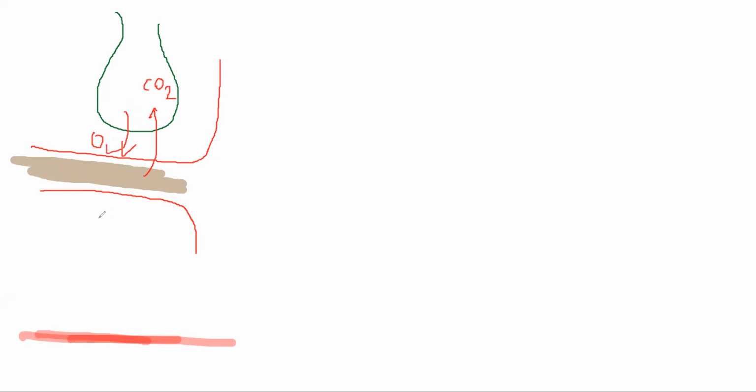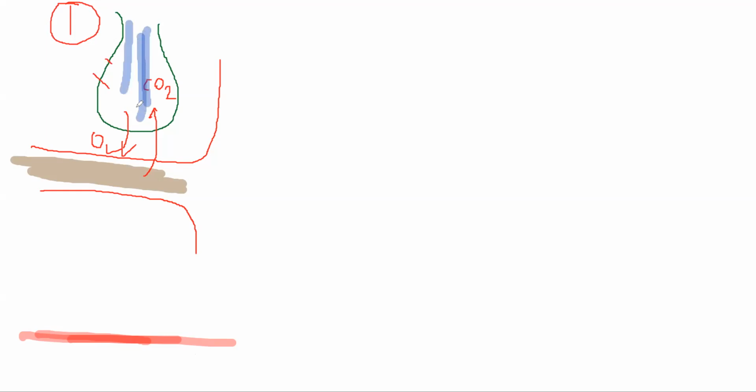Point one. Now let's suppose there is some damage in this alveolus. Let's suppose this is alveolus number one and there is some damage in it. Okay, either structural damage is occurring, or there is edema, or mucus being built up, or whatever.